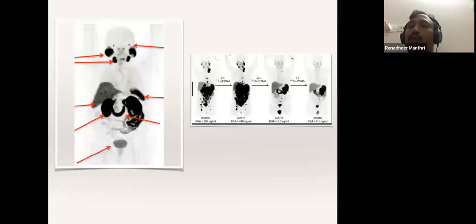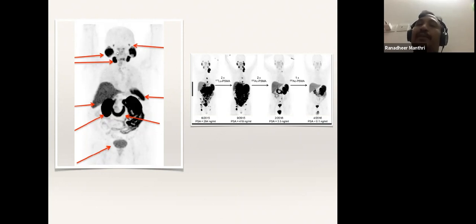So this is with the therapy based on the actinium therapy and lutetium therapy. See, this is a patient with prostatic cancer. This is a normal distribution. As I said, the PSMA is expressed in the salivary glands. So salivary glands and lacrimal glands are showing uptake. It is expressed in the small intestine. It is showing uptake.